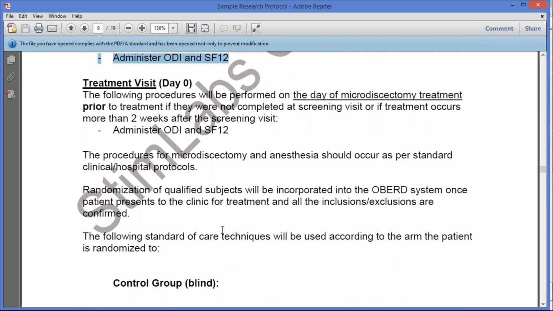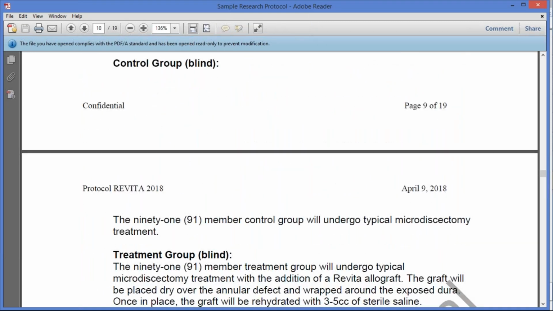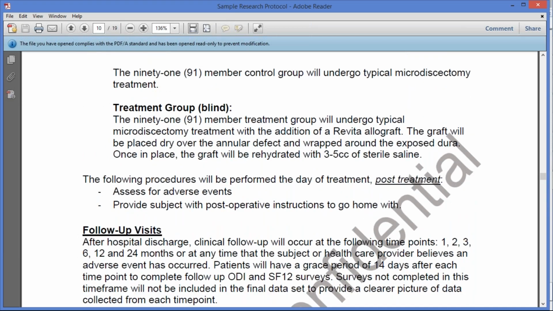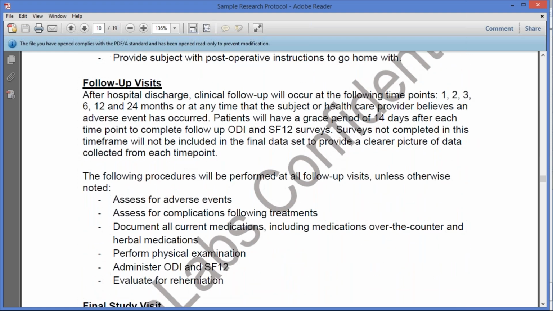Randomization of qualified subjects will be into the OBRD system, which is a data collection tool. You can see 91 in the control group will undergo typical microdiscectomy surgery, and the treatment group of 91 will have the addition of the Revita application. Treatment will happen on day 0.